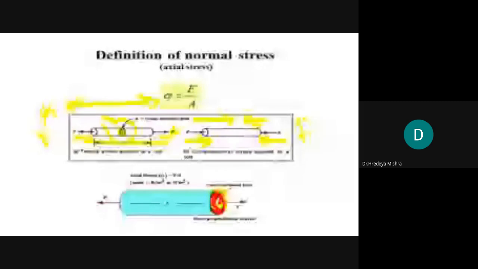All the stresses are simply F upon A, where F is the applied force and A is the cross-sectional area for the particular specimen.